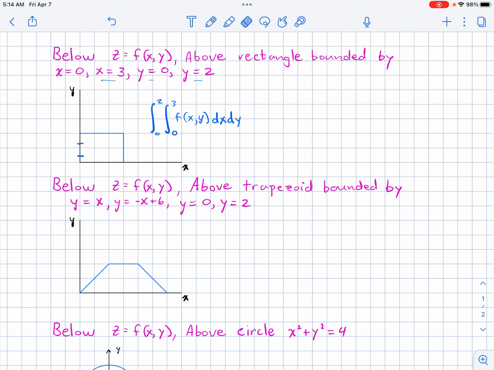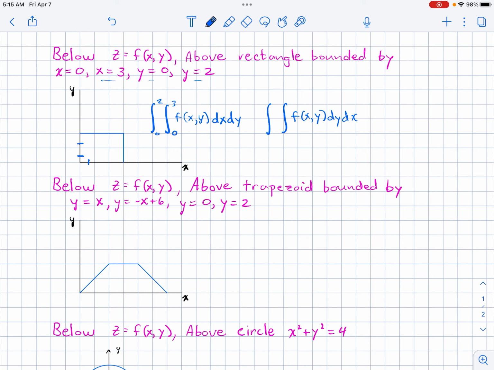Now, let's suppose we wanted to go the other way. Let's suppose that I wanted to integrate with respect to y first. So I've got this f of x y, and I want to integrate with respect to y first. Well, let's see what that's going to look like. So now for every x, I'm looking at the outside.